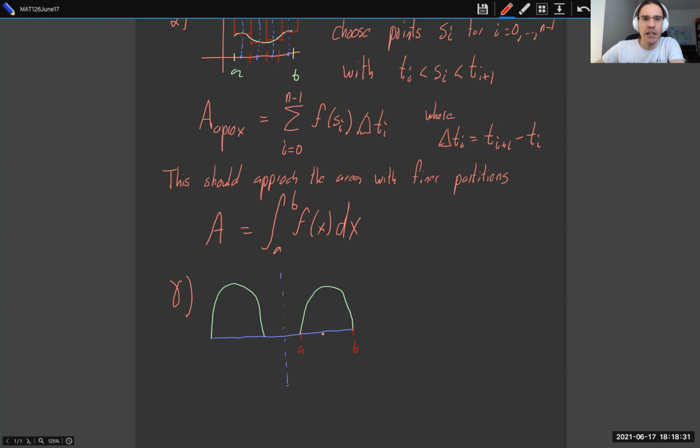And now we are going to cut it up into some number of pieces, let's say 3 pieces in this case. And we're going to choose some point in the middle of these pieces. Now what we're going to do is we're going to take the height over this point.